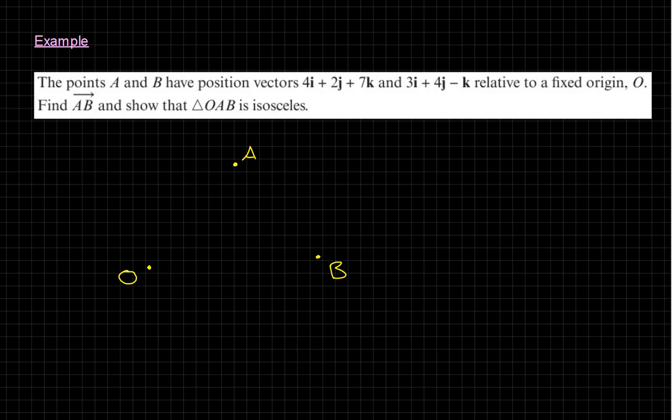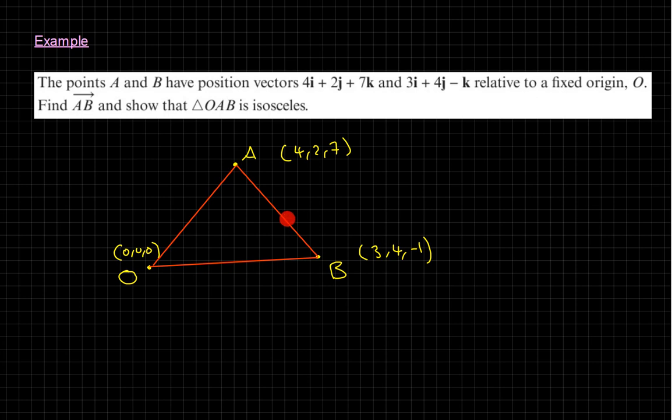But I do know that the coordinates are (0, 0, 0), (4, 2, 7), and (3, 4, -1). And the triangle we're talking about is the triangle formed by connecting these 3 points together. Okay. So when it says here find AB, presumably that's just because it wants us to find out the length of this third side.